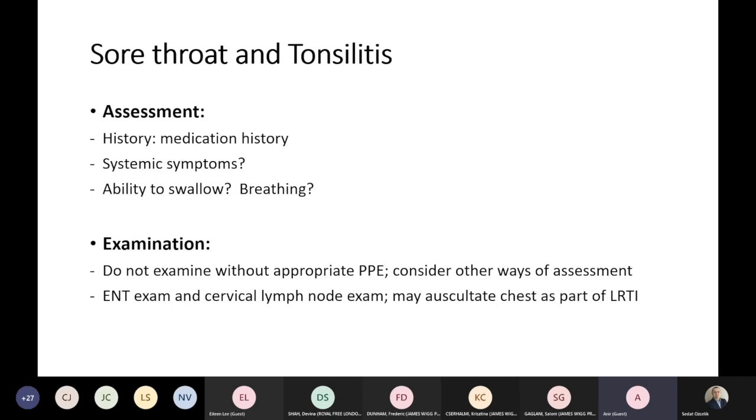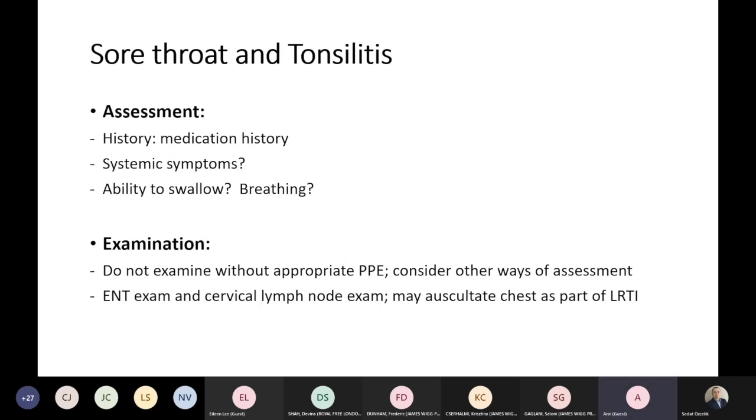You can see that I've mentioned on the slide things about medication history. So an important loophole to think about when we assess the sore throat is, are there any drug or medication causes of a sore throat? So remember that for certain people who take medications such as carbimazole or methotrexate, or people who are on chemotherapy, a sore throat can be an important finding to elicit, because it can be a presenting feature of something called agranulocytosis or neutropenia.